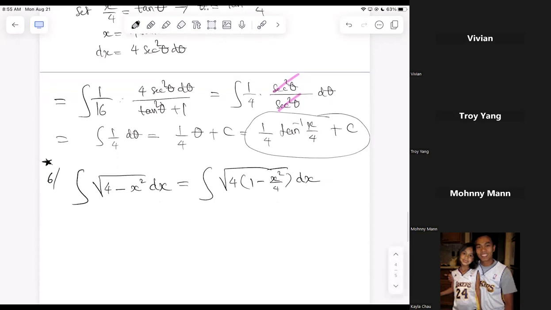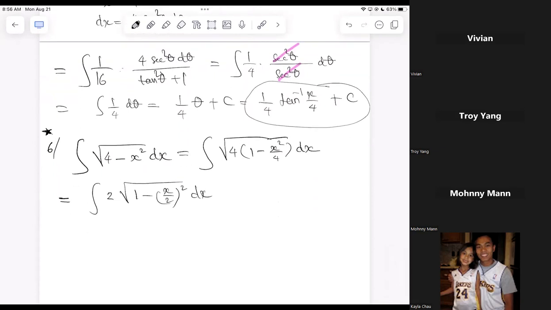So we factor out 4, we have 4 times 1 minus x squared over 4, dx. So I can write the square root of 4 is just 2, times the square root of 1 minus (x over 2) squared dx. From this step, I know I should set x over 2 equal to sine theta.